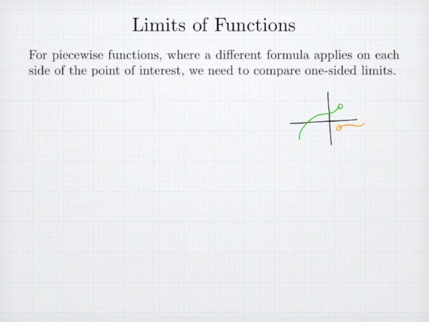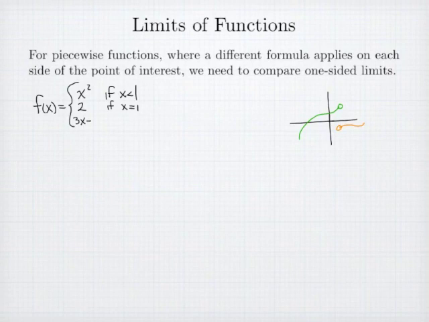So for example, a piecewise function might look like f of x equals, curly brace means I have to make a choice. Let's do x squared if x is less than 1. And how about we do 2 if x equals 1, and 3x minus 1 if x is greater than 1.